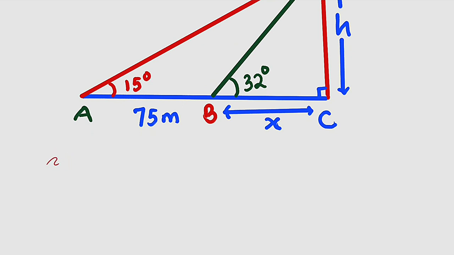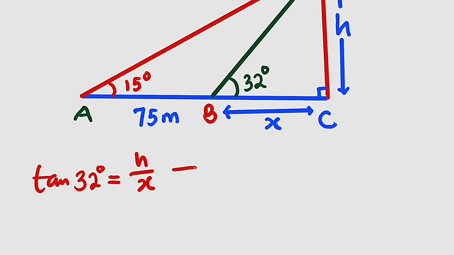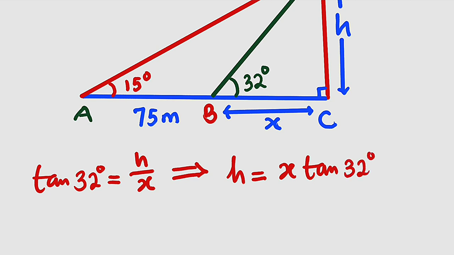So tangent of 32 degrees is equal to opposite divided by the adjacent. And from here we can make h the subject by multiplying both sides by x. Hence the height is equal to x multiplied by tangent of 32 degrees. So this is one of the equations. Let me call it equation 1.